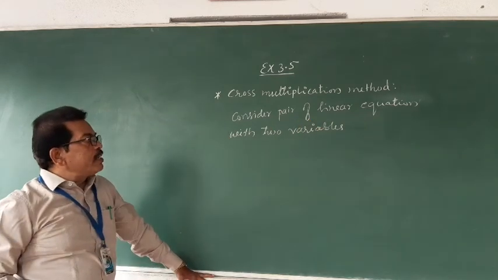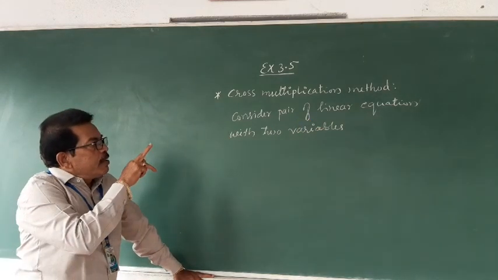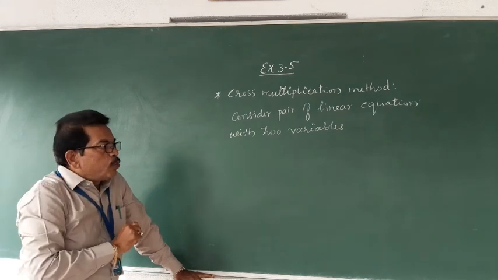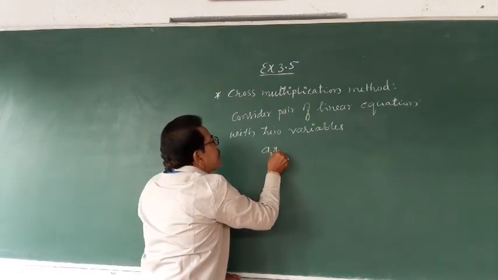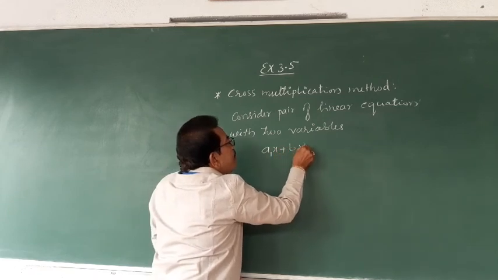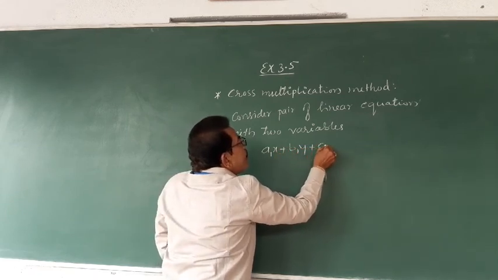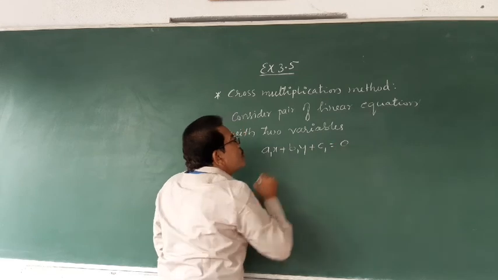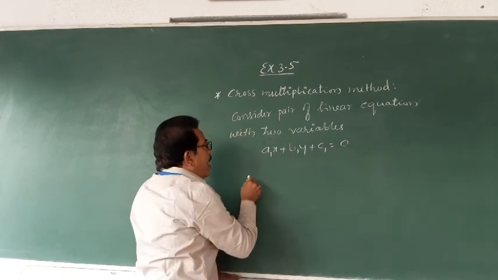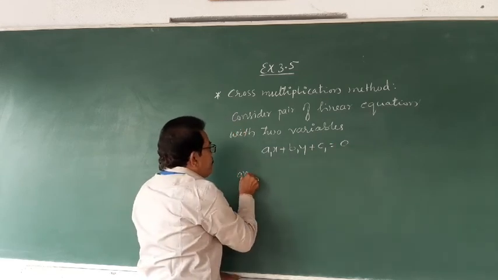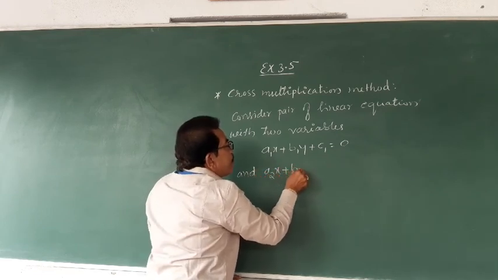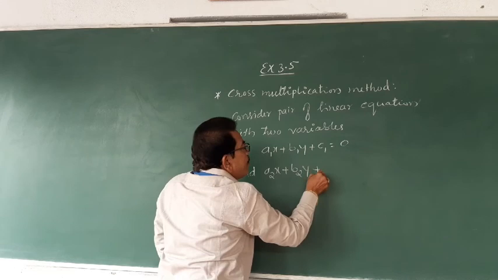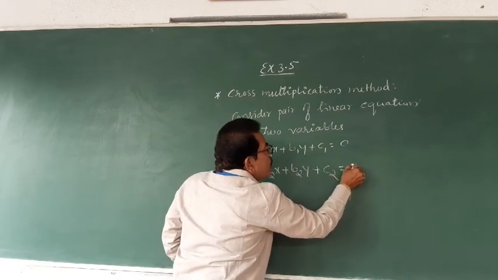Okay, what have we considered? We have considered the pair of linear equations with two variables. For example, a1x plus b1y plus c1 equals 0, and a2x plus b2y plus c2 equals 0.